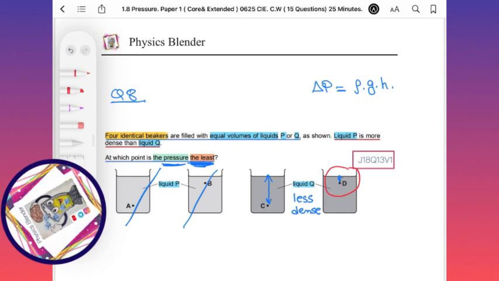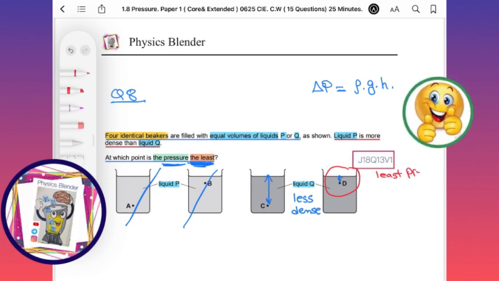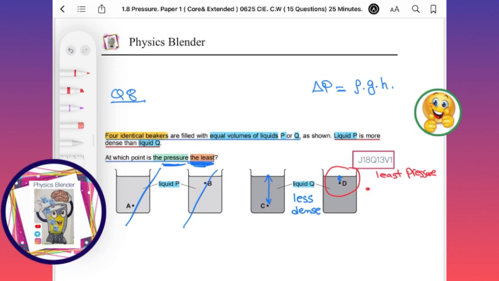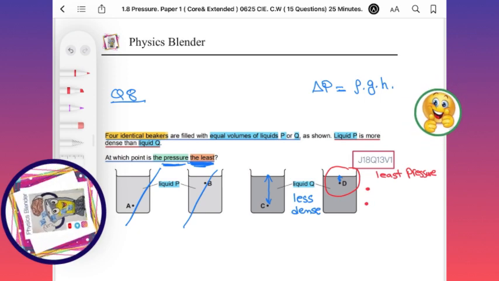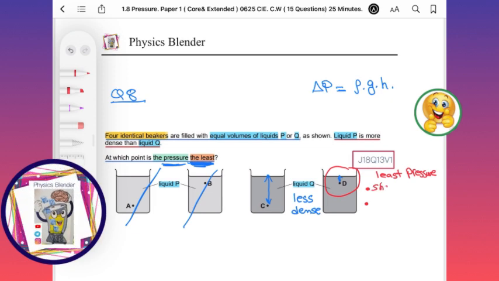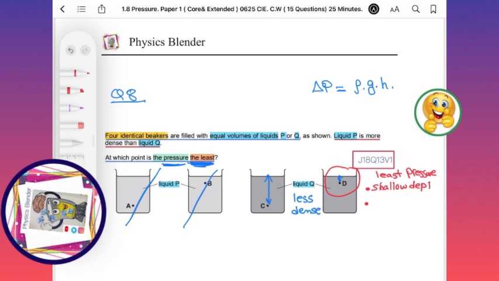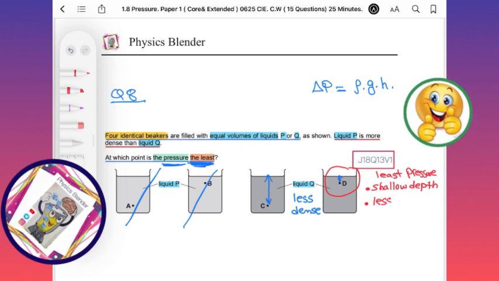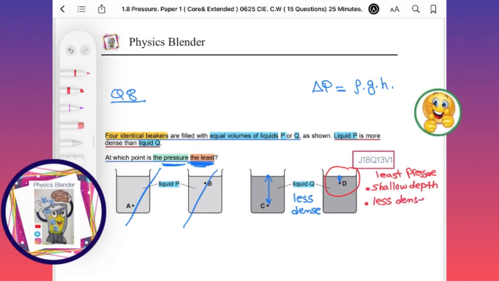Because we are looking for case of least pressure. Okay, so we have two factors. In case D, you have here shallow depth and the less dense liquid.